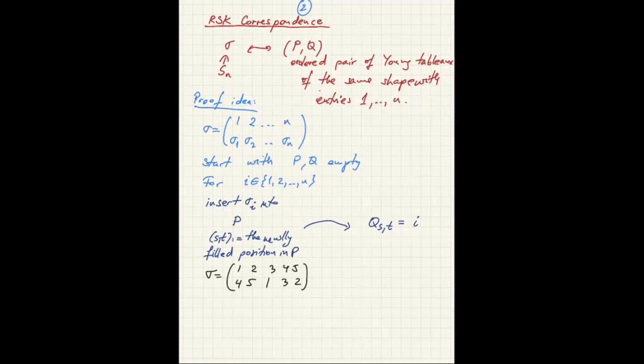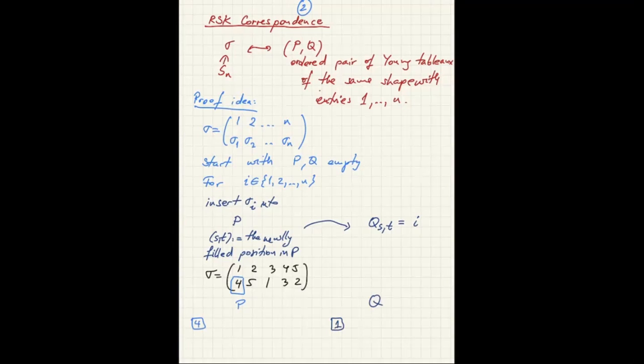So the entries on the first row are 1 to 5, and the entries on the second row are sigma 1 to sigma 5. So the first entry that we look at is 4. So let's put here the P, and on the other side, the Q. So P will start with an entry of 4, and corresponding to that, Q has a 1.